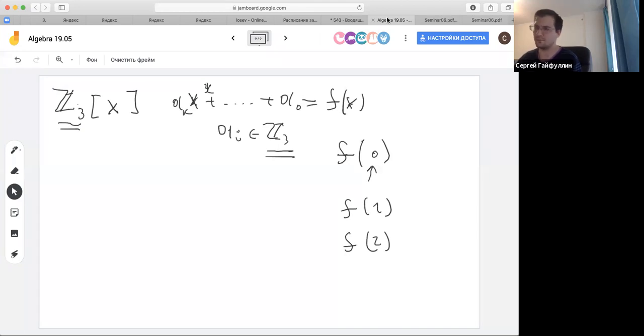So maybe I explained too difficult. The answer is that the value of this x is just from Z3. Okay, and we have a polynomial.